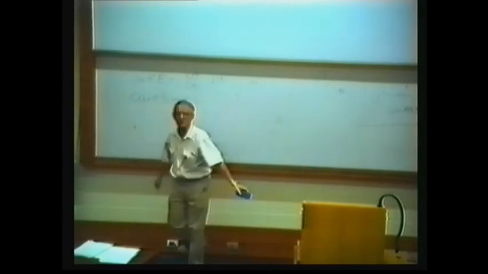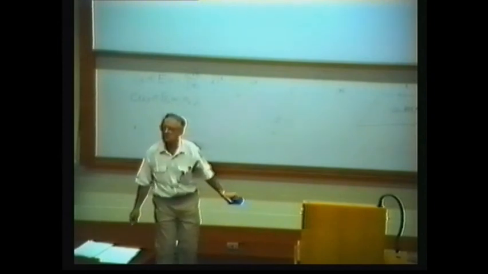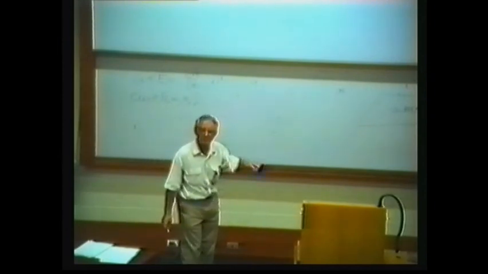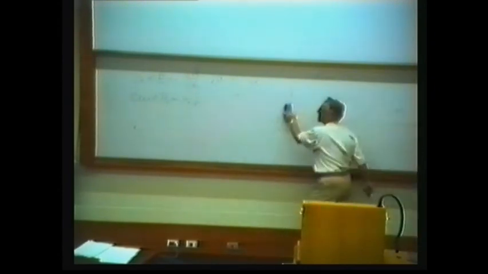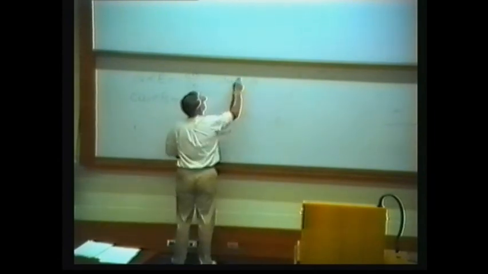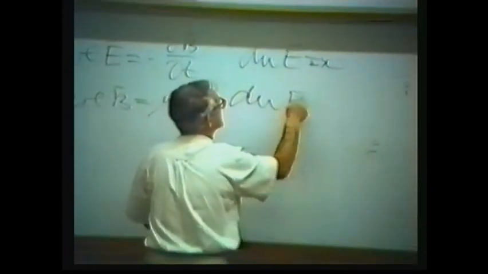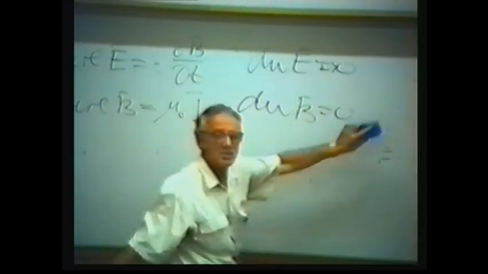Now, what happens with our lovely D'Alembert equation? Let us look at it if we neglect displacement currents. Here divergence E equals 0, divergence B equals 0. That's the system of equations of the quasi-stationary field. But what about the D'Alembert equation? Can you dictate to me, please?